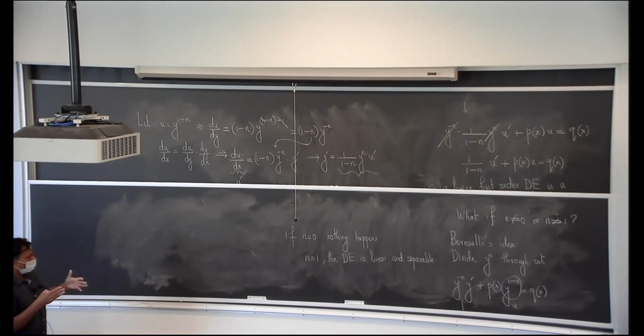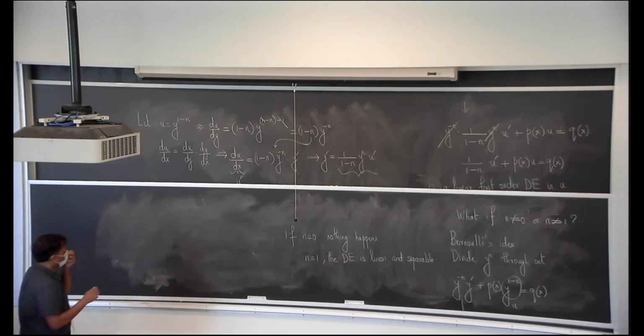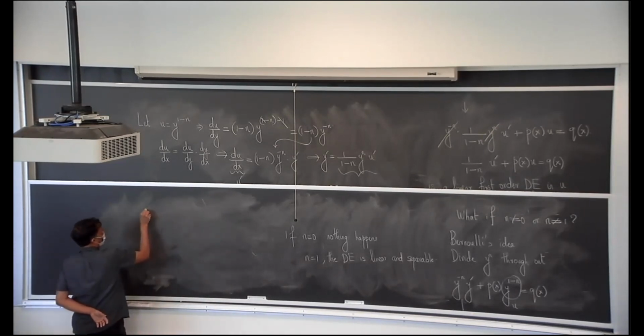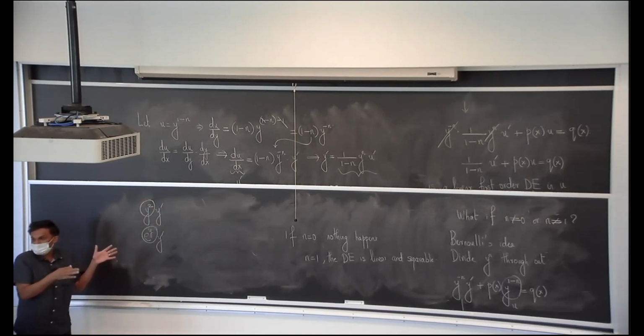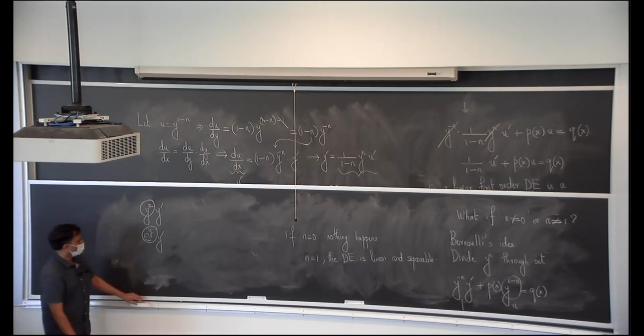Anytime there is an n which is not equal to 1, it's non-linear for y. So when you write something like y squared times y prime, that's a non-linear term there. Or e to the power of y times y prime, that's a non-linear term. So far we have already done linear equations in 1.4. Now we make it non-linear. But Bernoulli cannot do this one, only this one.